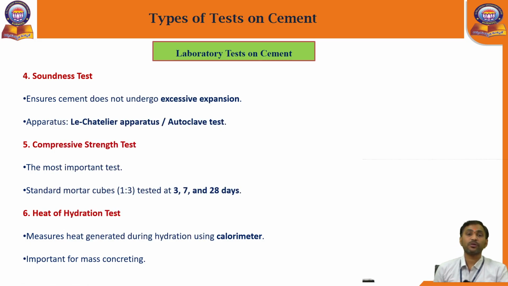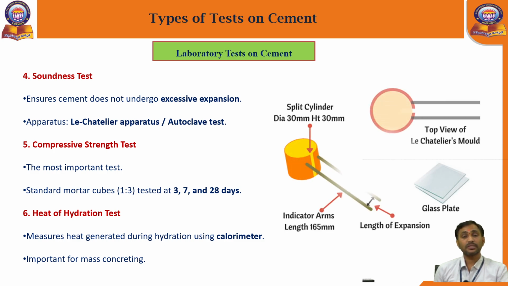Next, another laboratory test of cement is the soundness test. It ensures the cement does not undergo excessive expansion. The apparatus available in laboratories is Le Chatelier's apparatus, and the autoclave test can also be used. There is a small split cylinder with two arms.